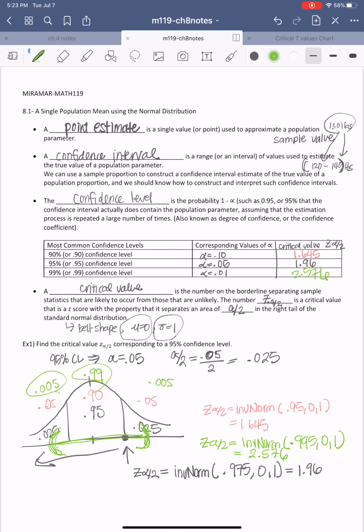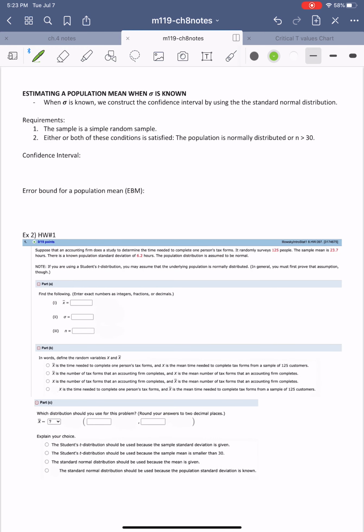Okay, now let's do this part here, actually building the confidence interval. Before we do that, I have to give you the formula of how to create the confidence interval. Now, estimating population mean, the first case is we're going to start with estimating the mean, average, population mean when sigma is given. Sigma is the population standard deviation.